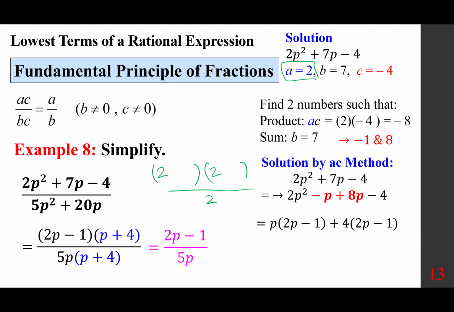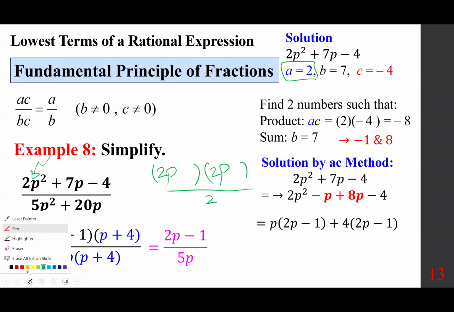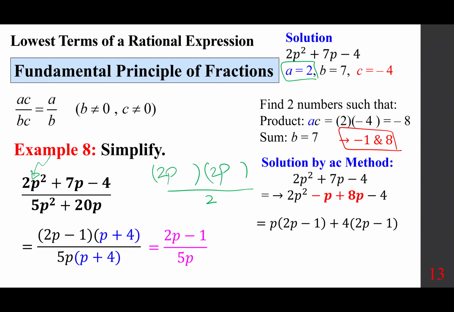What is the variable? The variable is not X, everybody. The variable is P. So you put P. I can't emphasize this enough. And now these are the numbers. And it doesn't matter. You put it here or here and do the math.